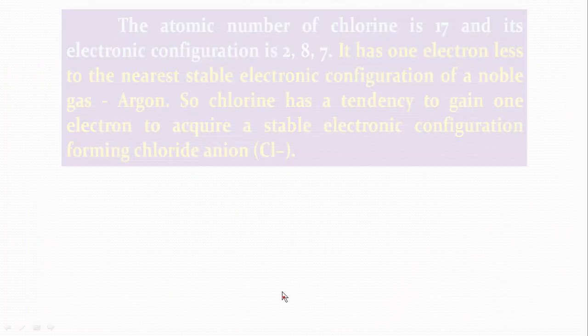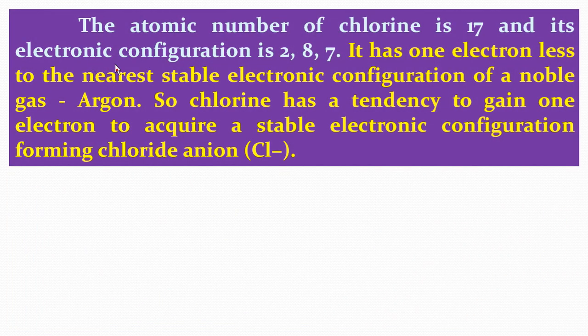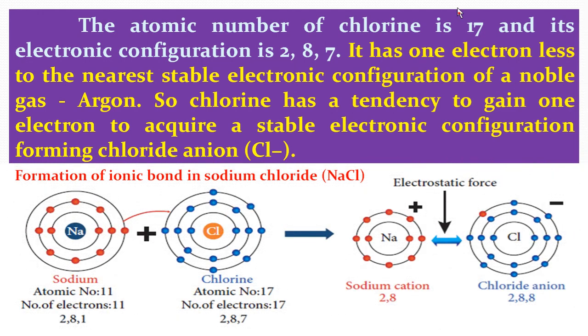Now, come to the next one, chlorine. The atomic number of chlorine is 17 and its electronic configuration is 2, 8, 7. The outermost shell needs only one electron to complete the stable octet electronic configuration. So, it has one electron less than the nearest noble gas configuration, that is argon.